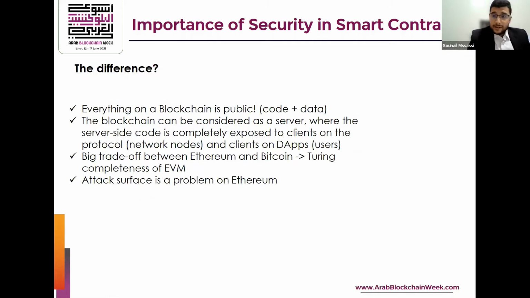Also, there are some differences between classical development and development in blockchain. In the case of a public blockchain, everything is public, including the transactions, the code of the smart contracts, and the data. Even if we make a variable private, and a lot of developers have made this mistake, they think that if we make a variable private, we can't access it.